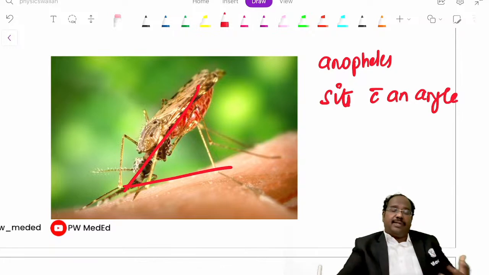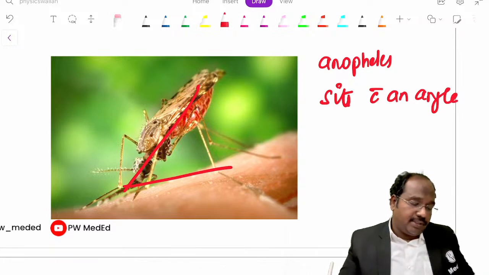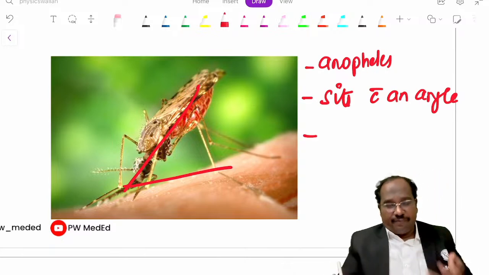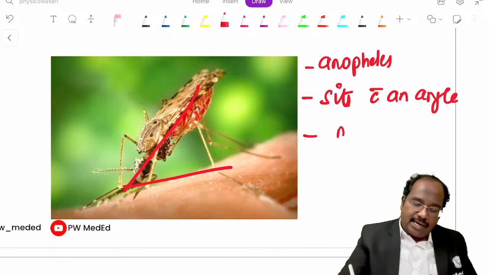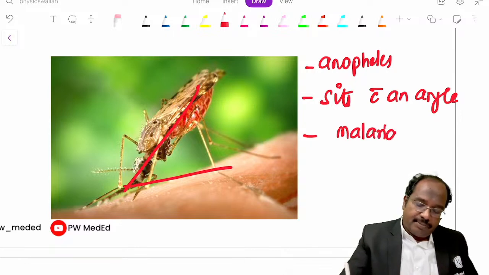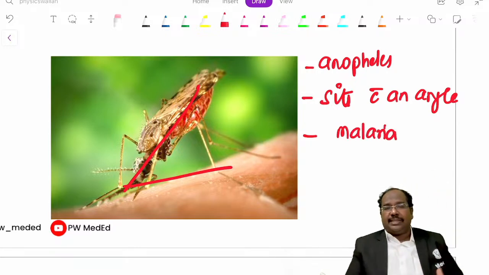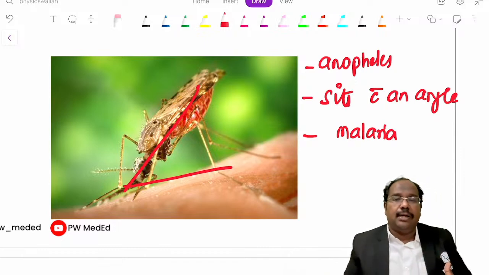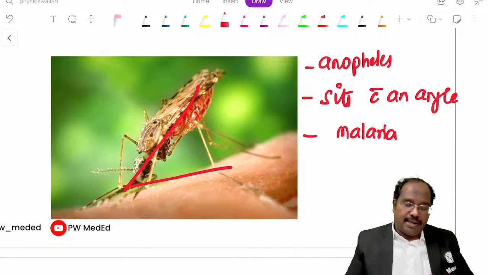No other mosquito will sit with an angle. It breeds in fresh water. What disease does it transmit? It transmits malaria. Yesterday we saw some points related to malaria. This is the only mosquito that transmits malaria in India.